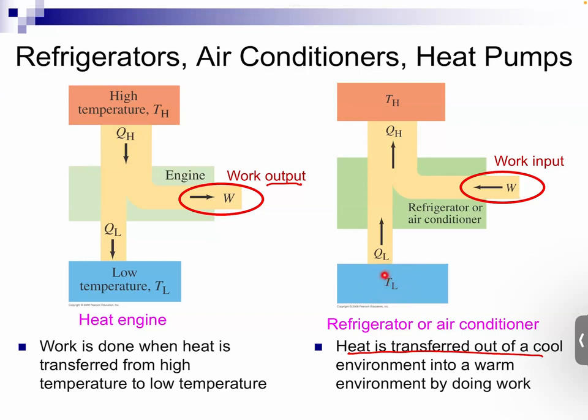And when we transfer energy from cold to hot, the second law of thermodynamics says that this cannot happen spontaneously, but instead work needs to be input in order to facilitate heat transfer from cold to hot. So notice the difference in the direction of the arrows in the heat engine and the refrigerator or air conditioner.